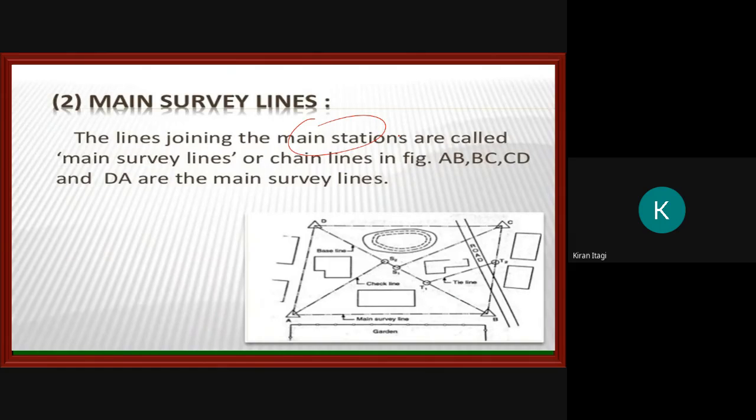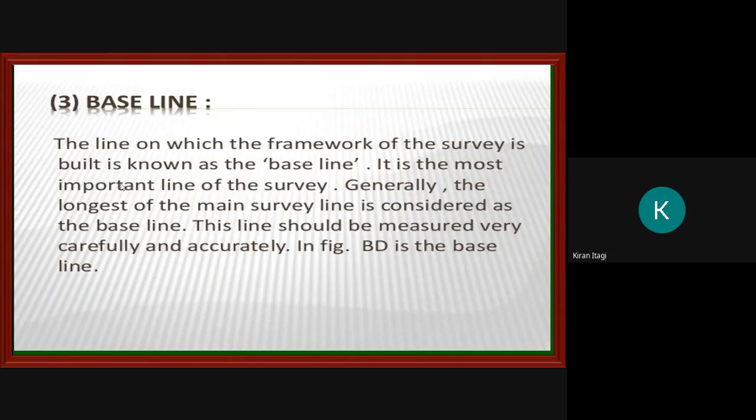The line joining the main stations is called a main survey line. The baseline is the line on which the framework of the survey is built. It is the most important survey line. Just remember, generally the longest main survey line is considered as the baseline.